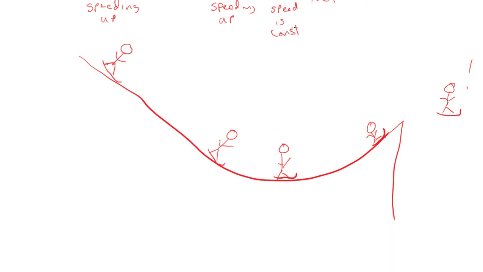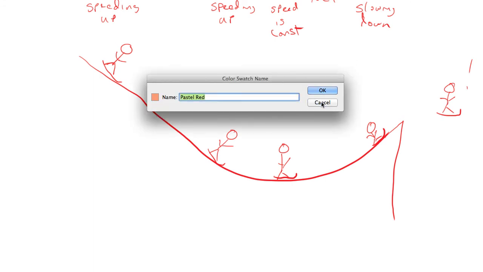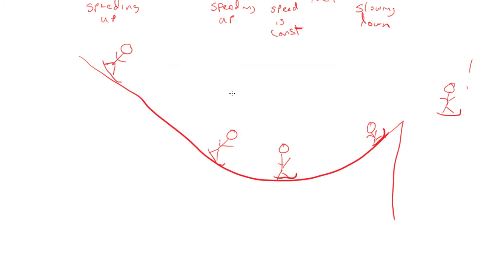Here, slowing down. And then there he's not on the slope anymore. I want you to tell me two things: the direction of the acceleration and the direction of the velocity.